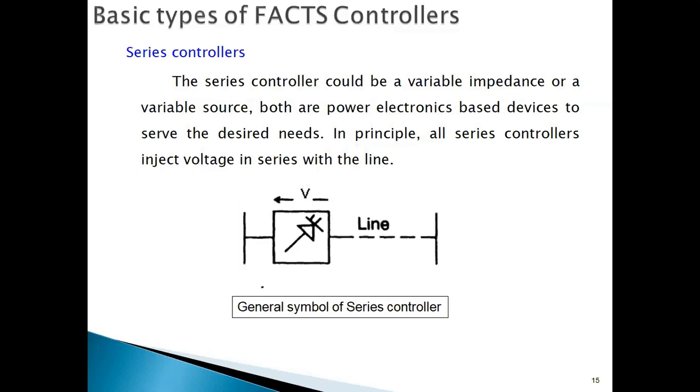I hope you are familiar with this. The reactive component is I sin phi, and the active component is nothing but I cos phi. Based on that, we can say whether real power exchange or reactive power exchange is happening.